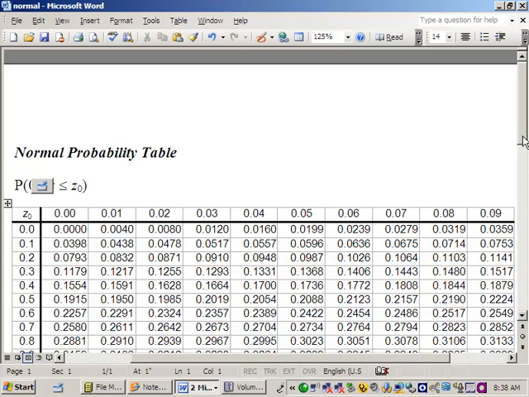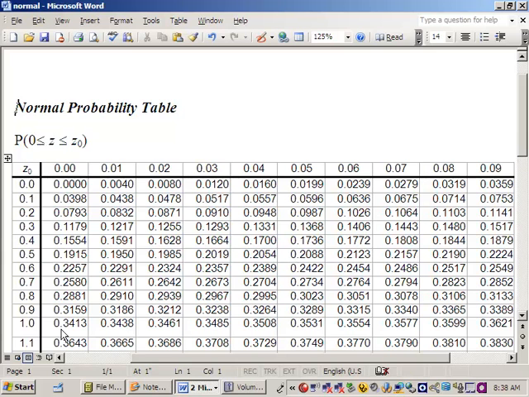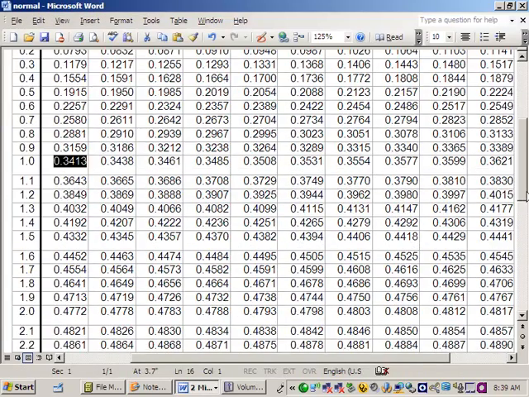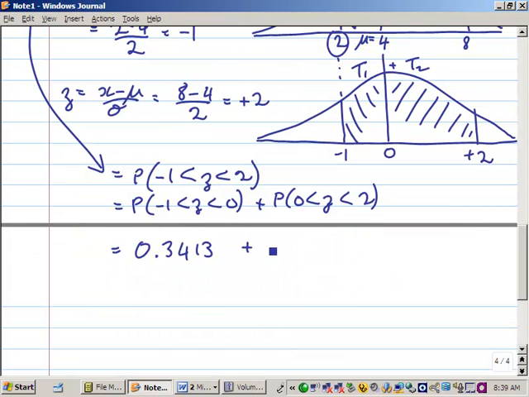First for -1 or 1, we have a probability of 0.3413. And then from 0 to 2, the probability there is 0.4772. And the answer to that, by my calculation, is 0.8185.